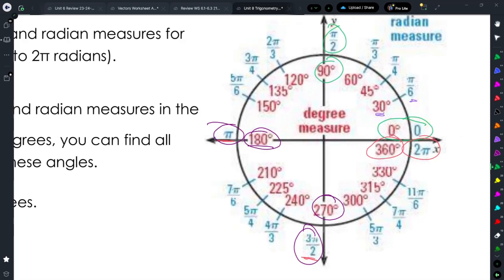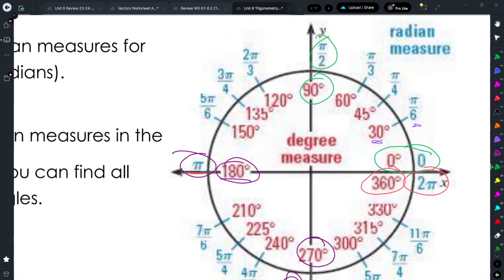So one of the ways I like to think about that is the 30 degree has a pi over 6 denominator, and they add up, 3 plus 6 is 9. And then 60 degrees goes with pi over 3. 6 plus 3 again is 9.